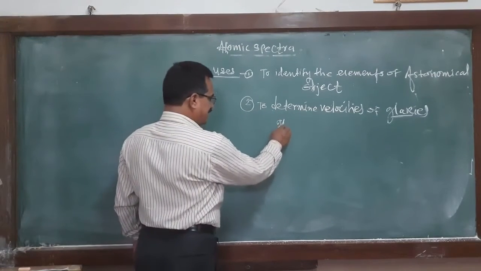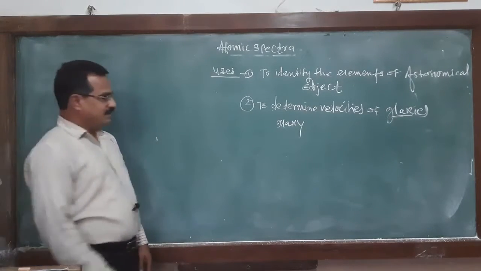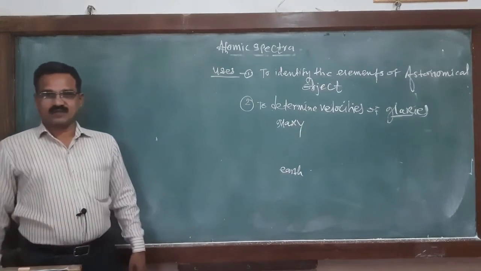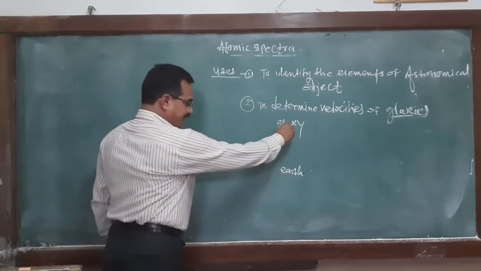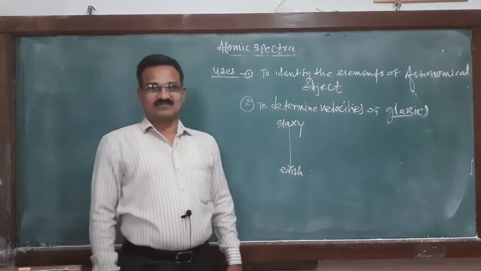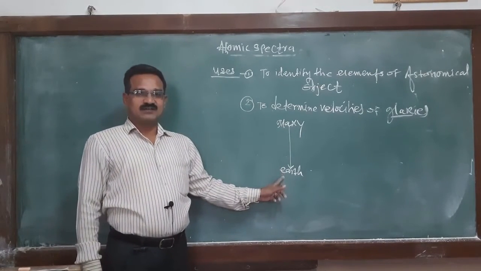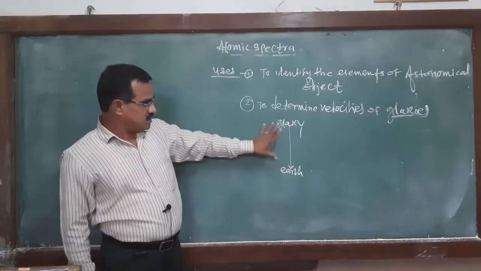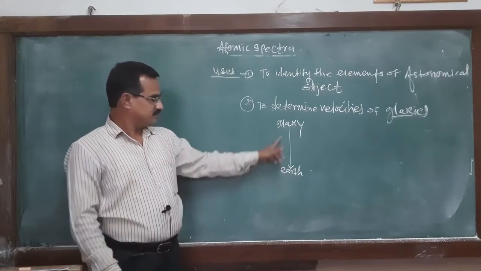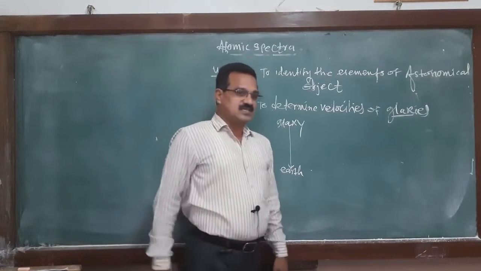When we consider a galaxy and, say, Earth, when the galaxy moves towards the Earth, what will happen? The distance between galaxy and Earth decreases.